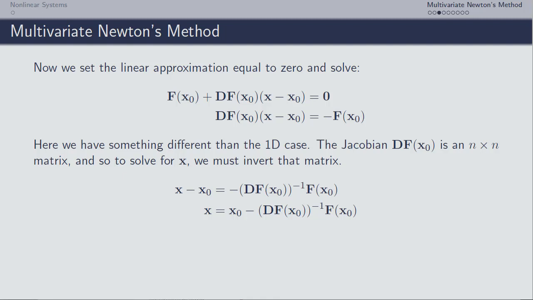And then once we do that, now we can add x naught to both sides. So we get that x, or what's going to be x1, is x naught, our initial guess, minus the inverse of the Jacobian evaluated at x naught times f of x naught.